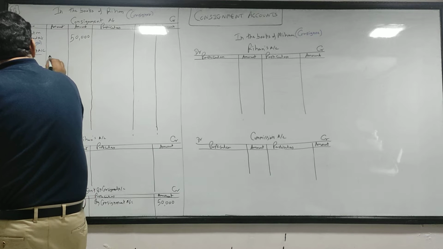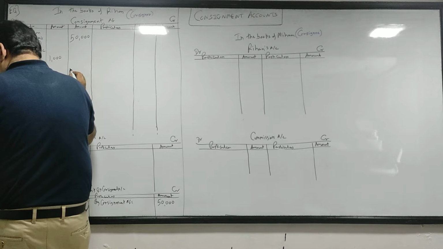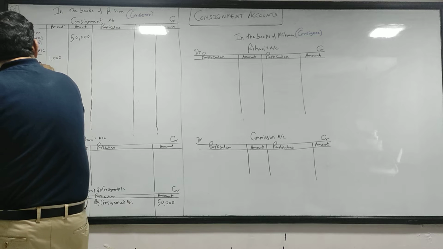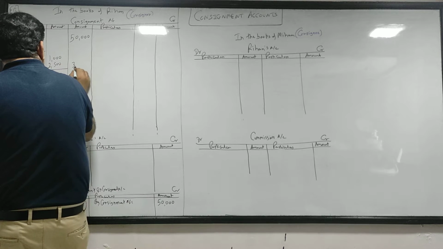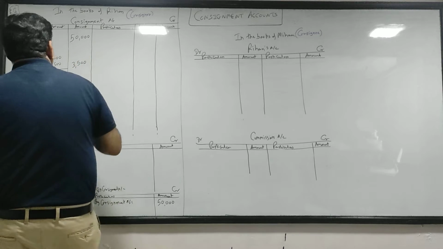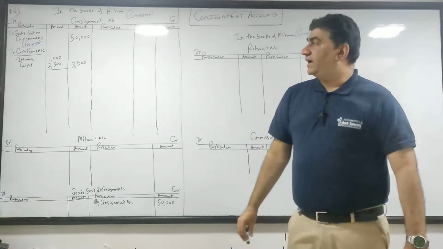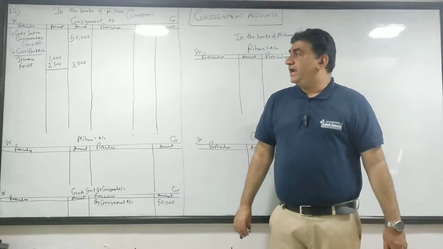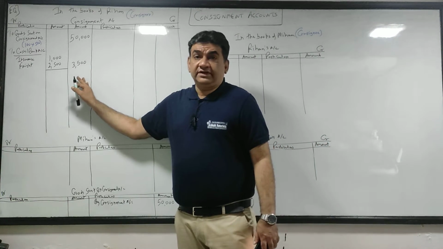Insurance 1,000 and freight 2,500, so you get 3,500. To cash bank: insurance 1,000, freight 2,500, total 3,500.